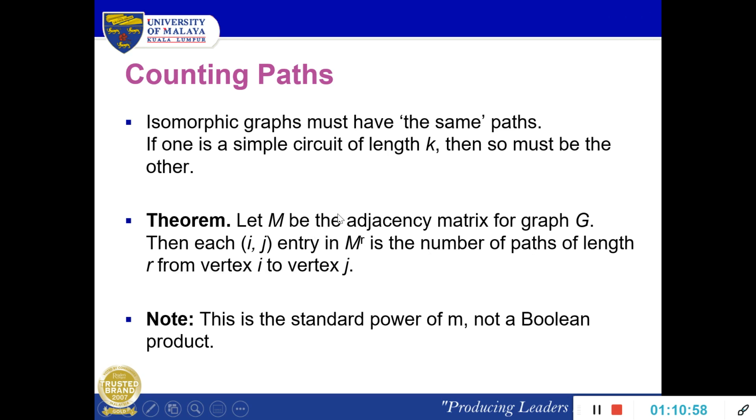So let M be the adjacency matrix. Adjacency matrix uses what? Vertices. Remember? Adjacency or neighbors matrix uses vertices. Incidence uses edges. So M is the adjacency matrix for graph G. Then each ij entry of M to the power of r is the number of paths of length r from vertex i to j.